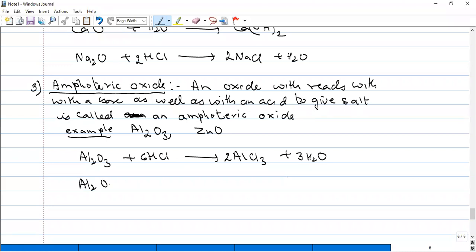Aluminium oxide reacting with the base forms sodium aluminate plus water. So this is an amphoteric oxide.